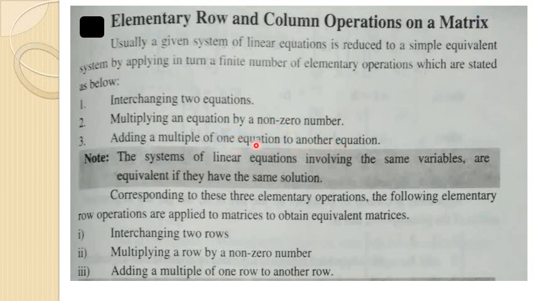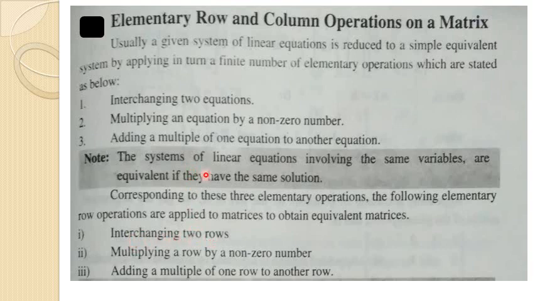Now, systems of linear equations involving the same variables are equivalent if they have the same solution. Means that if you have the same variables, then you can get the same solution. Corresponding to these three elementary operations, the following elementary row operations are applied to matrices to obtain equivalent matrices. Now I'm just changing all three properties to row or column operations.